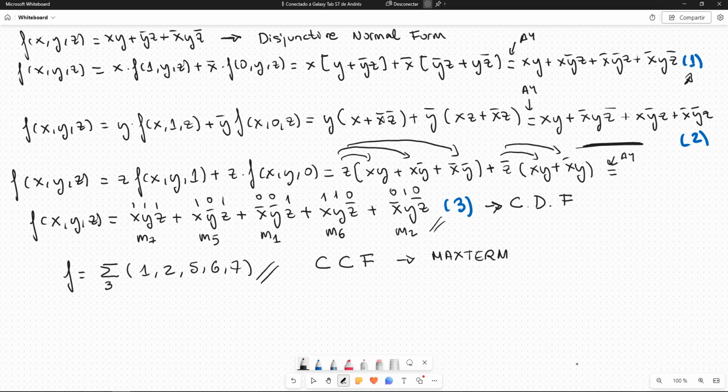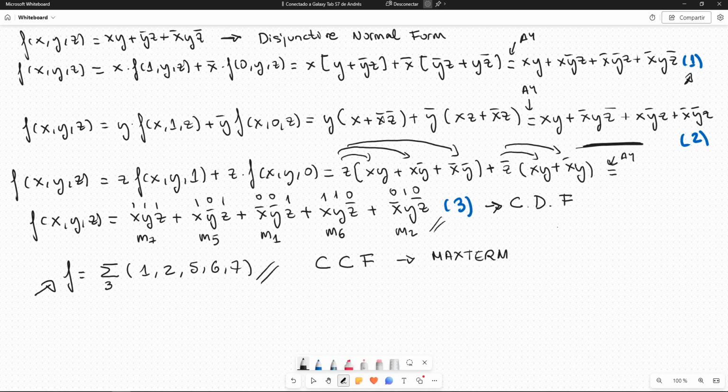So if the mean terms are those for which the function is 1, if we look at the zeros, we are going to have the max terms. Where are we going to have a 0? In the remaining positions. We are going to draw the truth table of the function using the canonical disjunctive form.